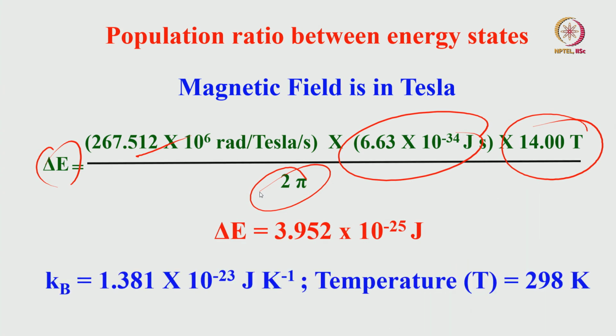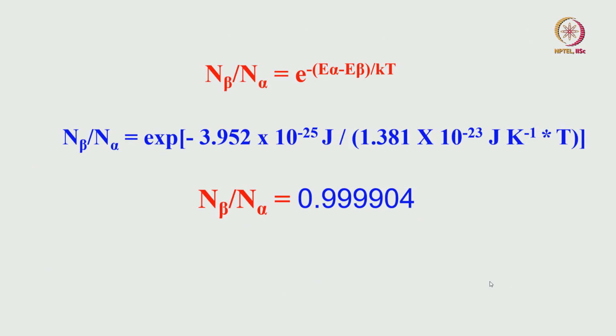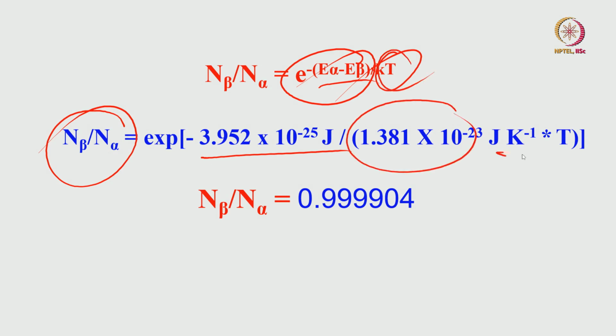Now the Boltzmann constant, kB, I know is 1.381 times 10 to the power minus 23, and the temperature at which I am doing the experiment is 298 K. I know kB, I have calculated delta E, and I know T. Just plug in these values to calculate n beta over n alpha, which is an exponential expression.